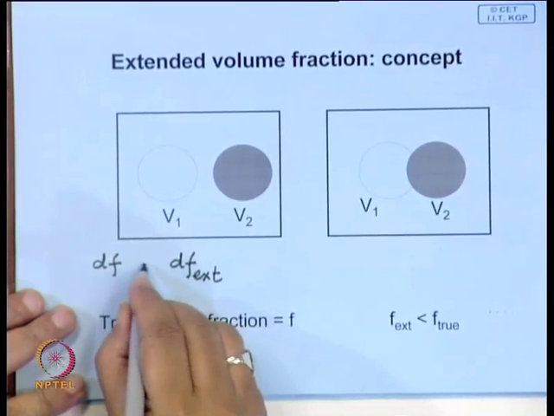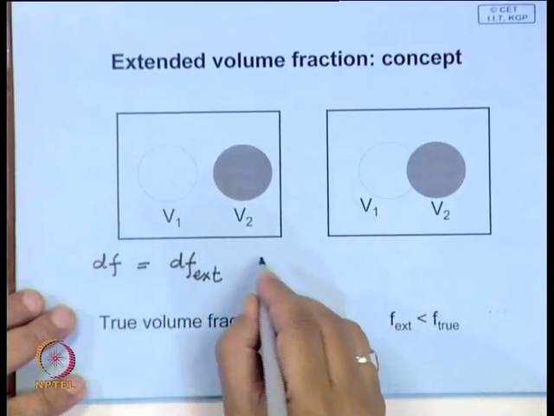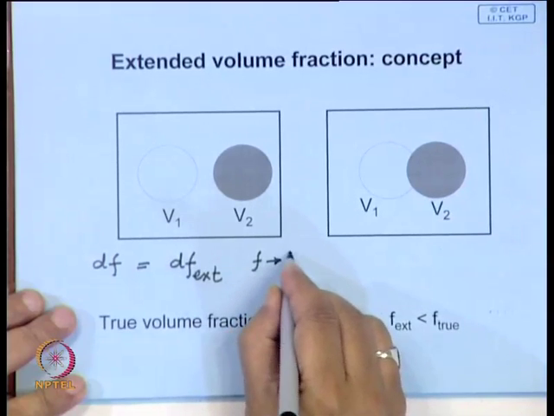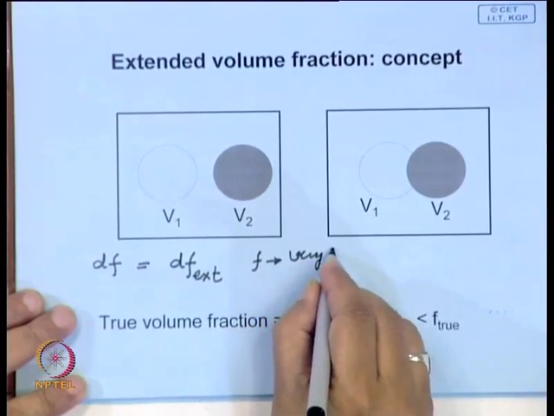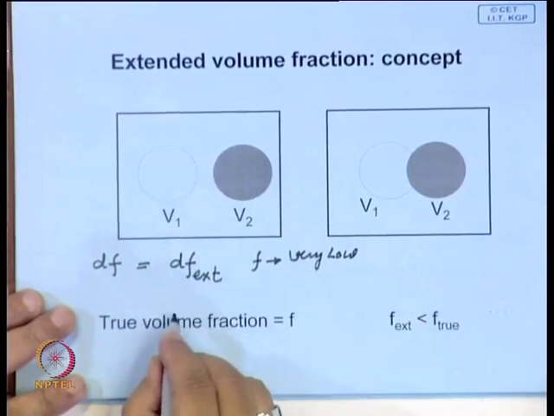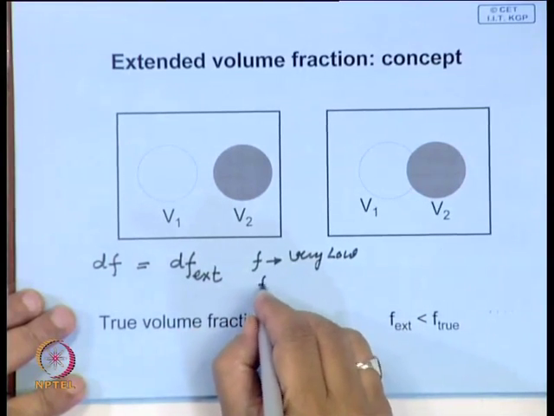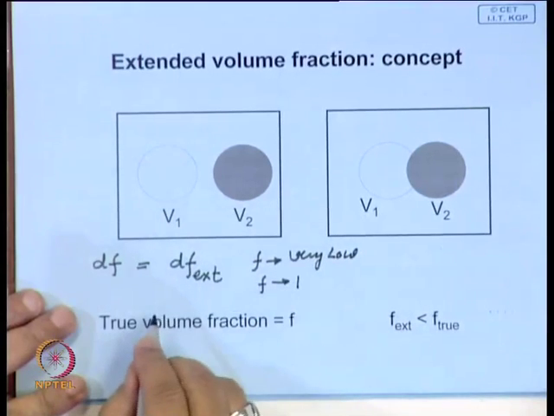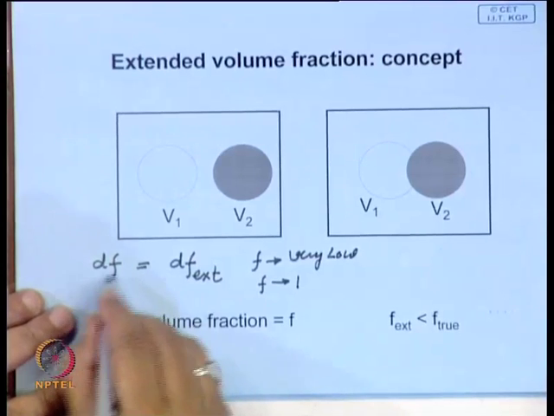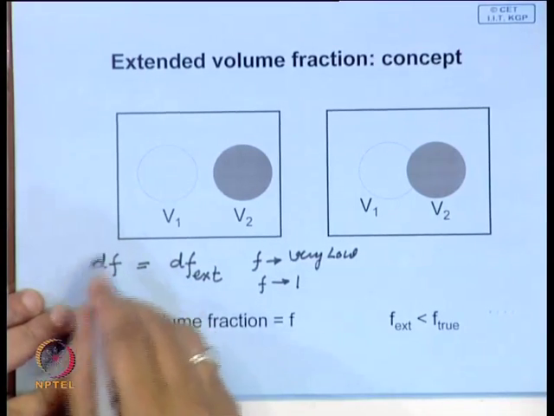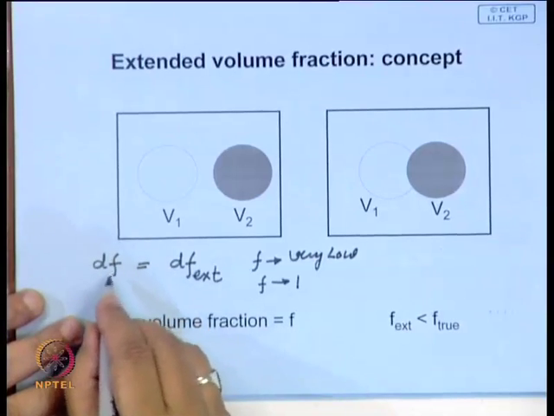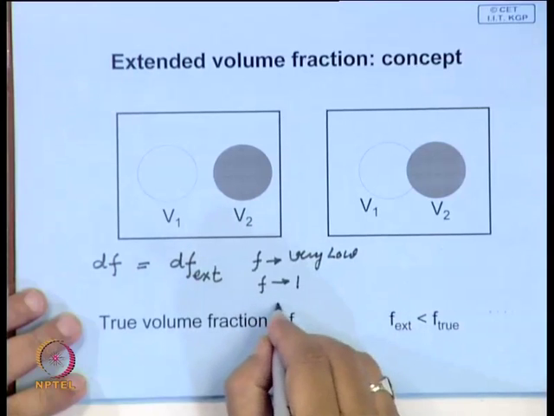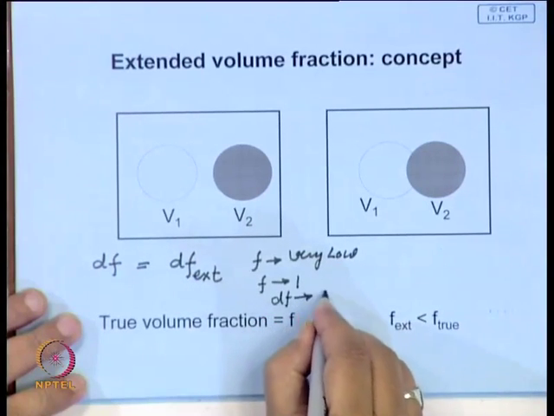Now, these two will be nearly equal when the volume fraction is very low, when the chance of impingement is remote. But when f approaches 1, what should happen? Then the increase in true volume fraction will be extremely low, it should tend towards 0. So, df should tend to 0.